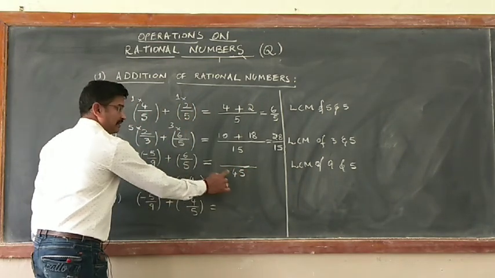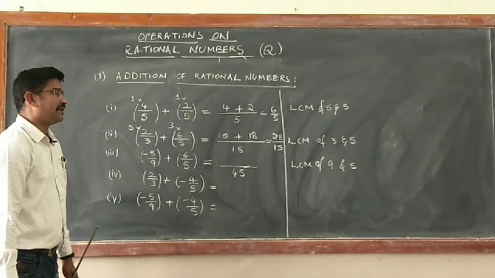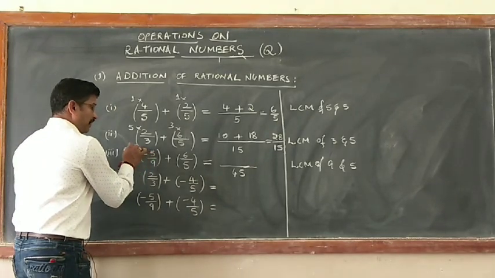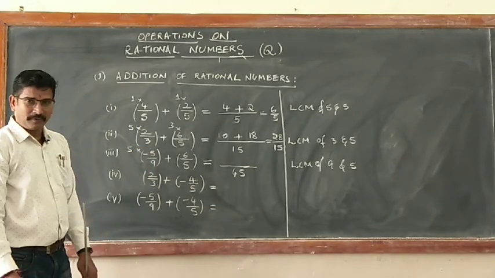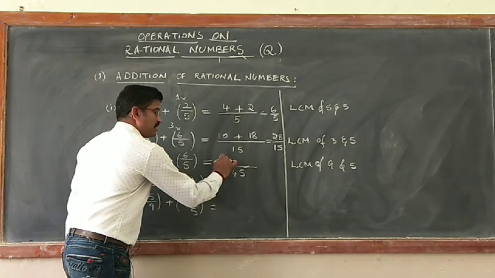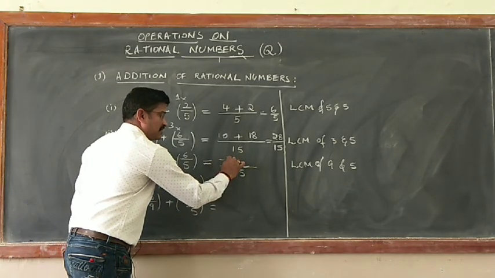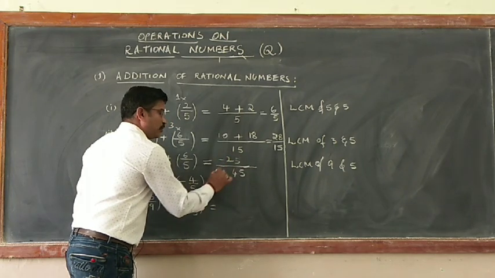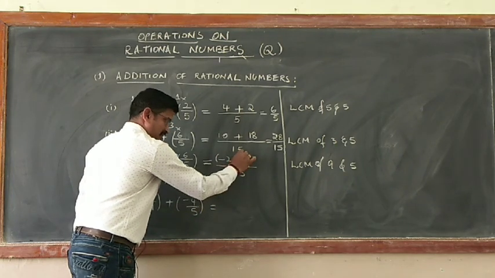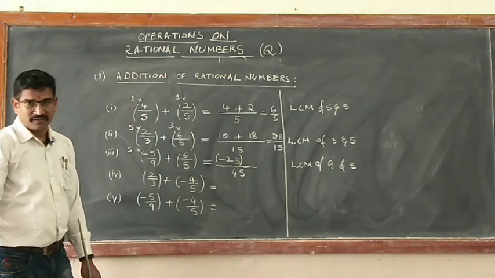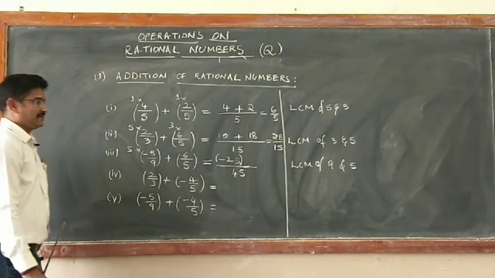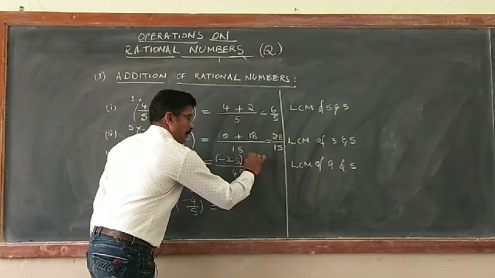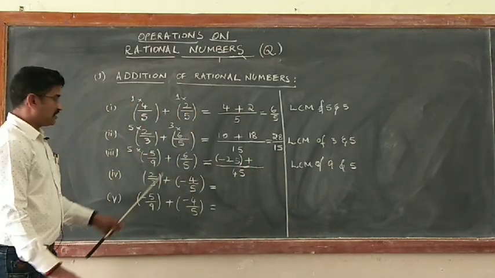Now, 9 in this LCM for 5 times to be multiplied to this numerator minus 5. So, the product of 5 and minus 5 is minus 25. Since it is in negative nature, this negative integer I am putting within parenthesis. Now, addition sign.